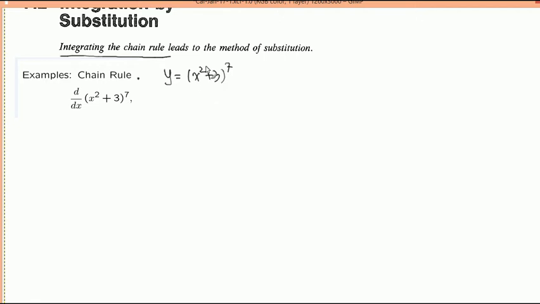When you split into two different operations like that, understanding the order correctly, they usually make this u substitution. u is going to be the first thing you compute, x squared plus 3. Then y is simply u to the 7th. And u is actually a function of x, and this is how you write it.